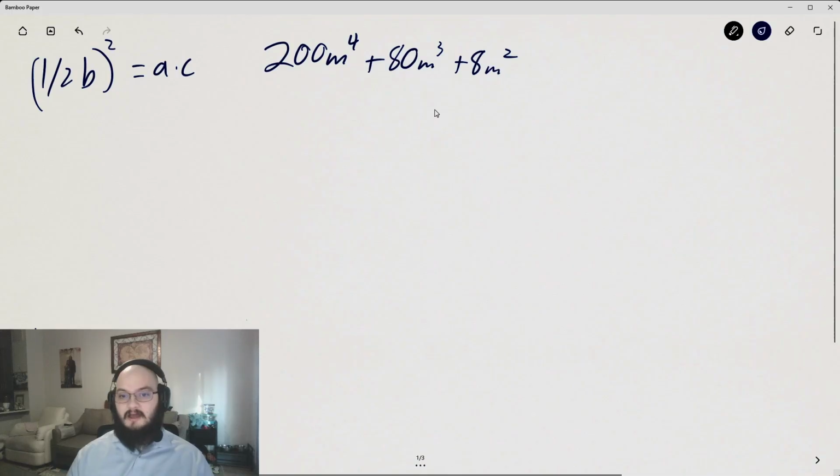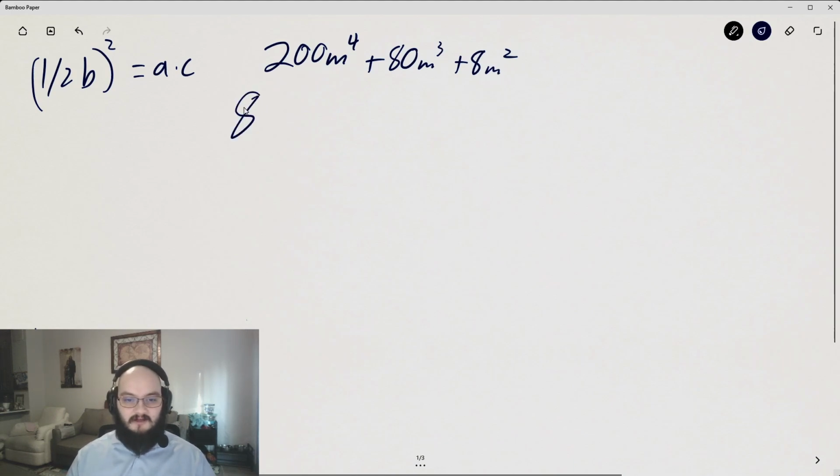We can factor 8 out of the 80, and we can factor an 8 out of the 8. We can also factor an m squared out of everything, because this has an m squared in it. This is m squared squared, and this is m squared times m, and then this is just an m squared.